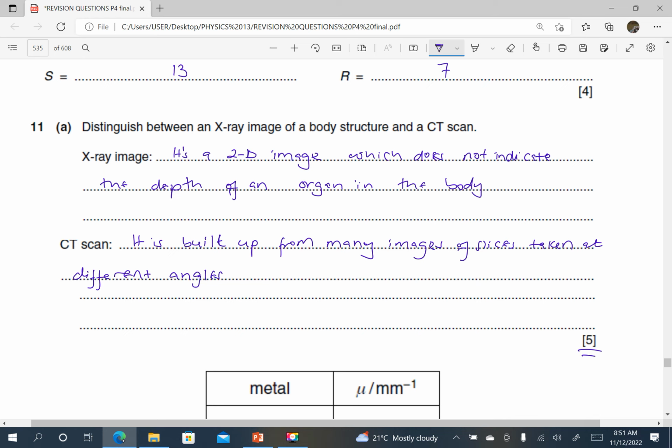At different angles. We know that the image is three-dimensional and can be rotated and viewed at different angles.